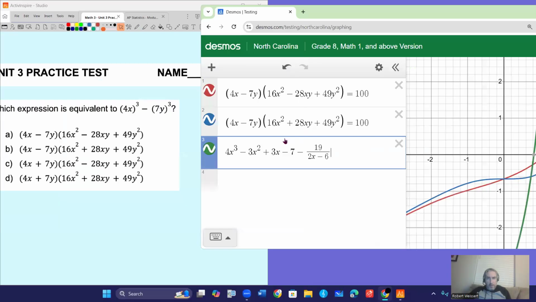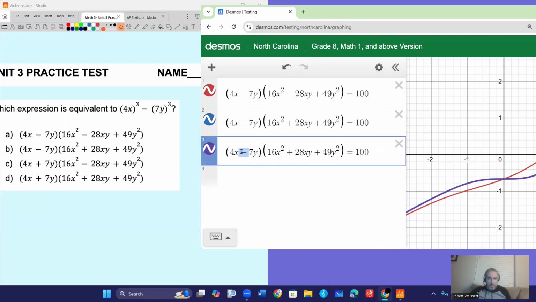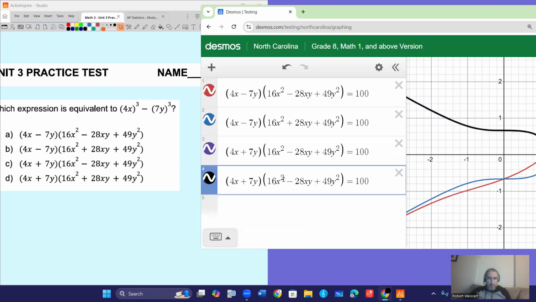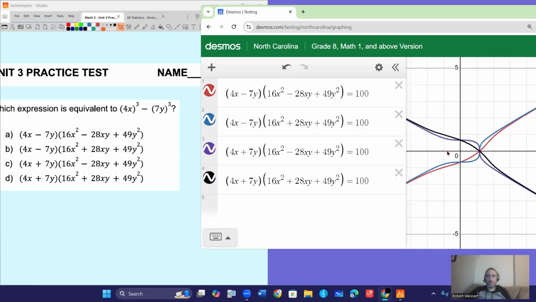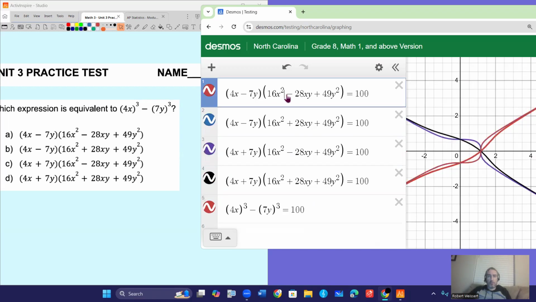All right, so you can see there's four distinct graphs and none of them overlap. But if I look at my original one, and again, you should set it equal to the same number, this graph is going to give you the same result as one of these graphs.